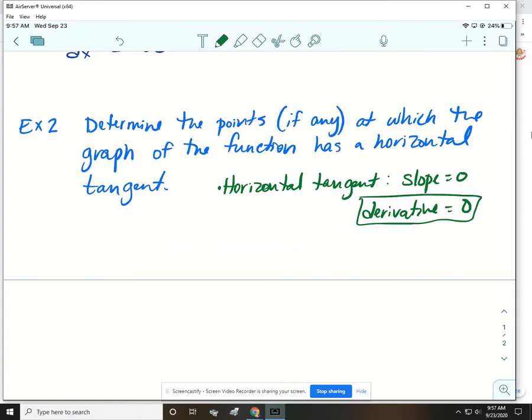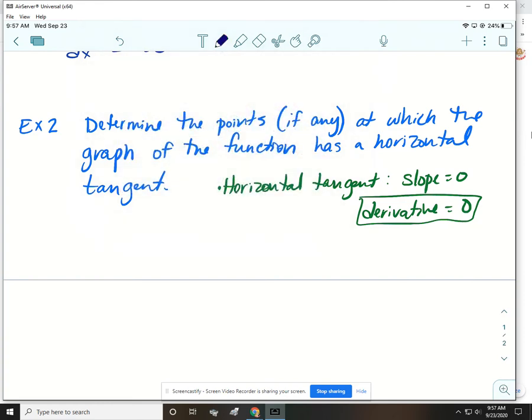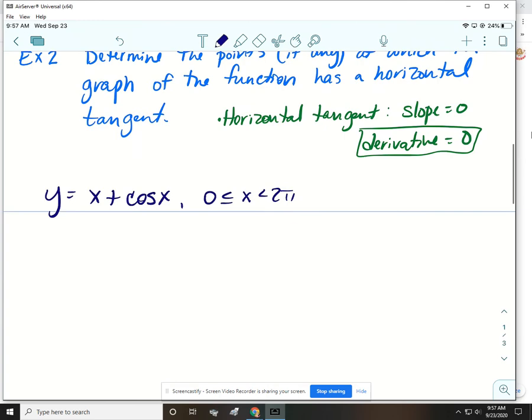All right. So what we'll do is take our function and find the derivative first. So let's just do it one step at a time. So our function is y equals x plus cosine of x. Now we're only using this for x's that are between 0 and 2 pi. All right, so if we want to find where there's a horizontal tangent, we have to find the derivative.